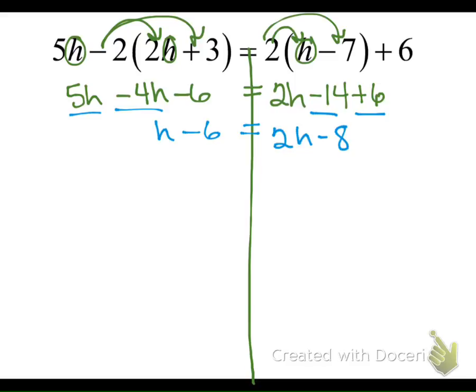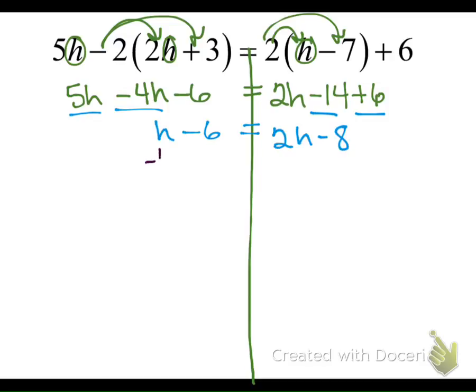Excuse me. All right, Kelsey, now what? Close, you're going to do something with the variable. But I have variables on each side, so I need to get the variables to the same side, right? So what's the little guy there, h or 2h? So how do I get rid of that?